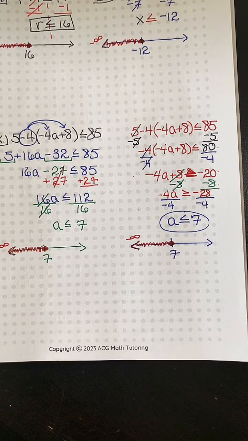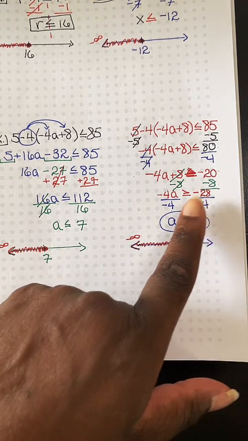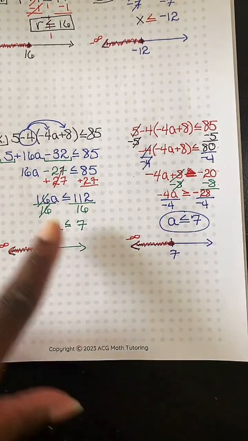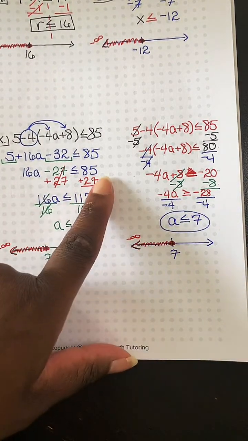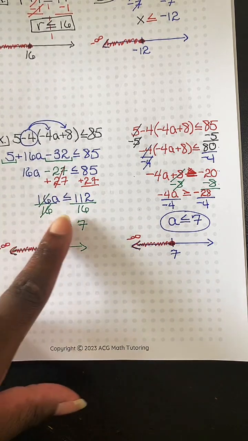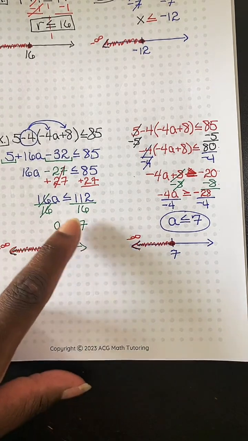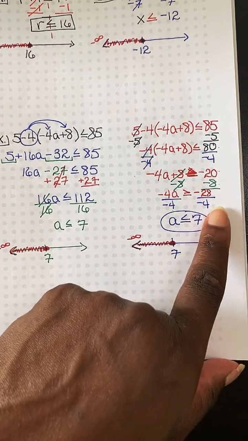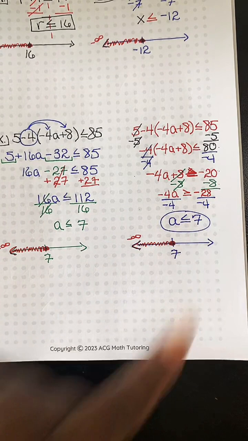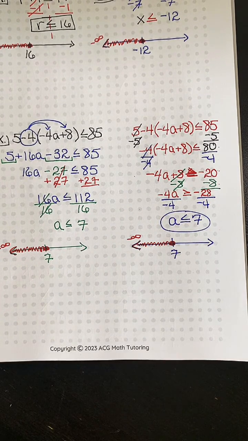But GED, ASVAB, Accuplacer, no. You can't use a calculator. So why not try to keep our numbers relatively low versus, okay, now I've got to figure out what 112 divided by 16 is? That's going to take me longer than figuring out what 28 divided by 4 is. Right? Awesome.